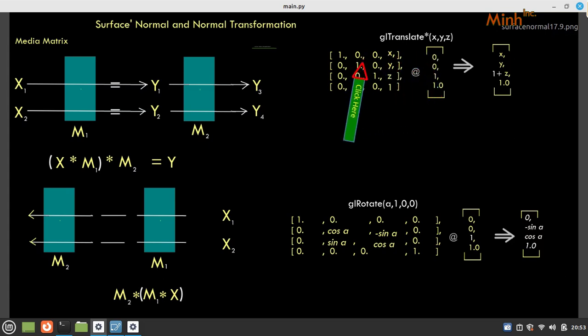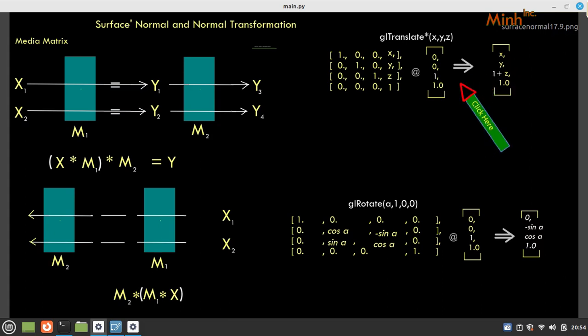And if I translate x, y, z, then it will be x, y and 1 plus z. So z is changing. If the input vertex is 0, 0, 1, z is 1, others are 0, then the translation happens only in z. This is what we are seeing.